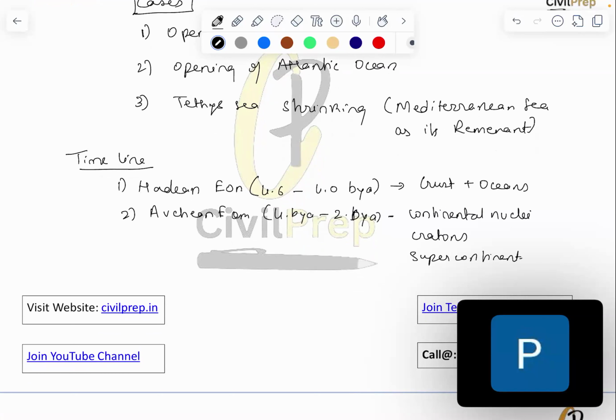But it was the phase of the Proterozoic eon, which spanned between 2.5 billion years ago to 541 million years ago. So this was initiated.